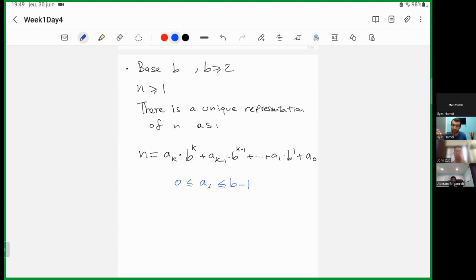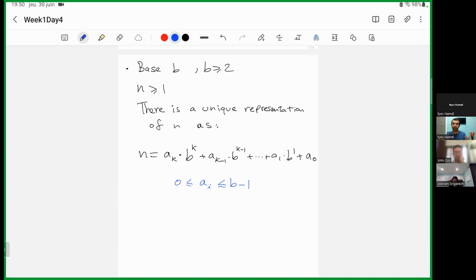It's just that it's a digit in base B. We will not use digits because the digits we know stop at 9, but those stop at B minus 1, right? In any base B. Just a bit weird, but okay. We'll look at examples just after.